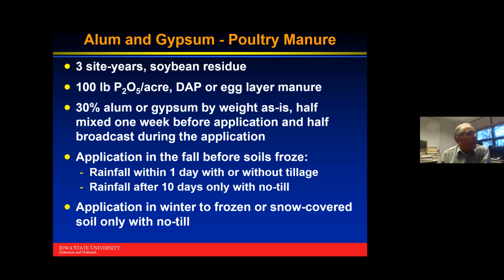But we also looked at the impact of amendments such as alum, which is aluminum sulfate, and gypsum. I cannot show you the results, but what we show is that the aluminum sulfate really cuts a lot of the dissolved P loss when it is mixed with poultry manure.